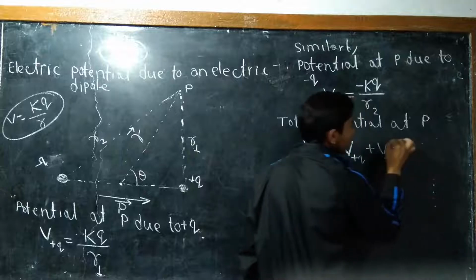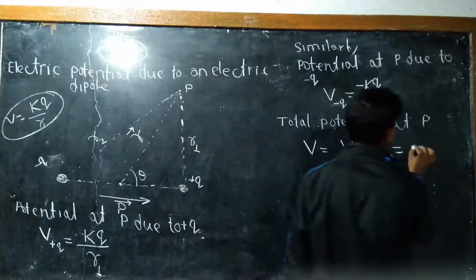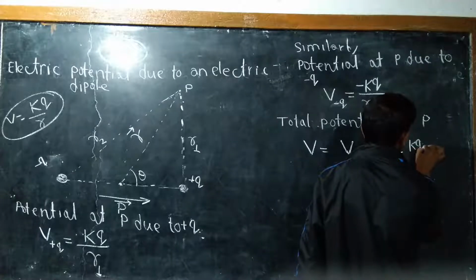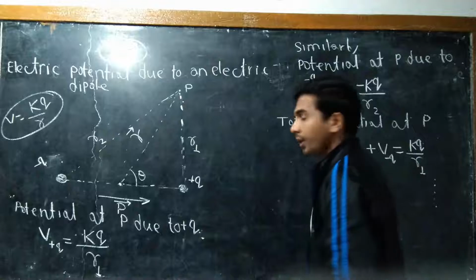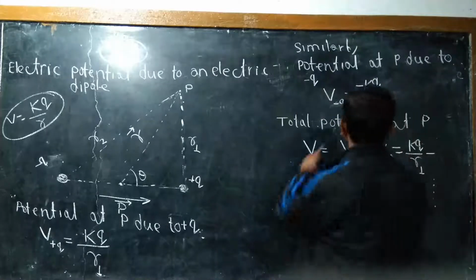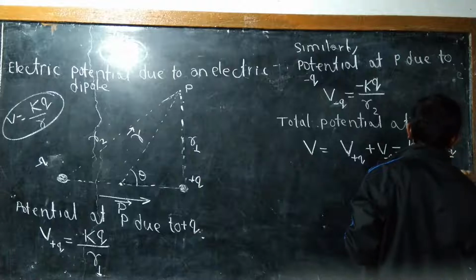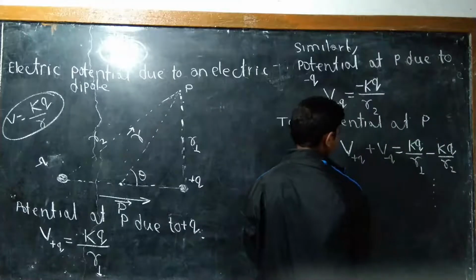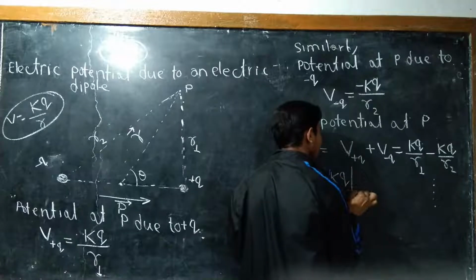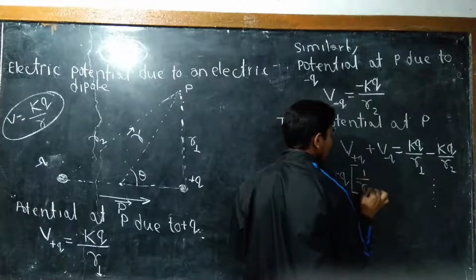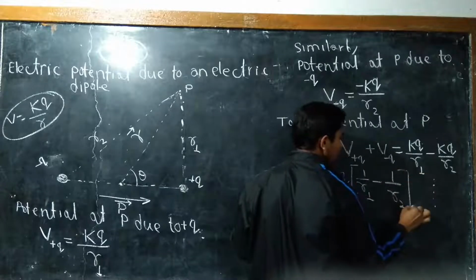Yes or no? Yes. And this value is given in the question, that is KQ by R1. Yes. Similarly, this value is given, minus KQ by R2. Now you can see here, KQ I have taken common, 1 by R1 minus 1 by R2.